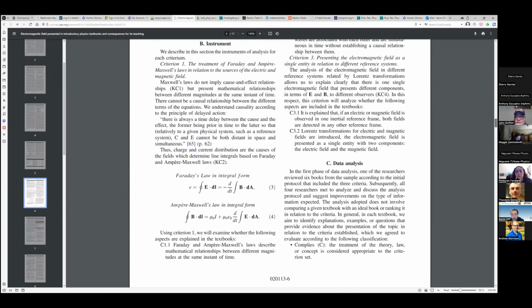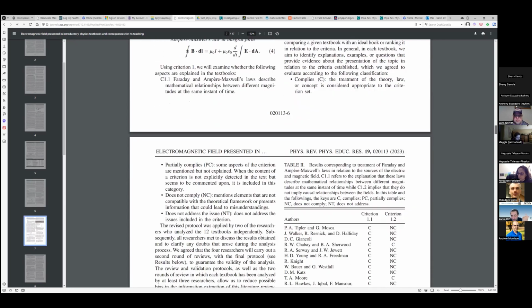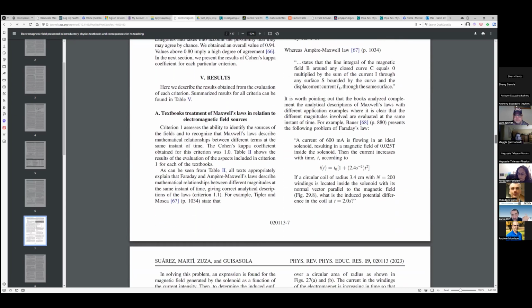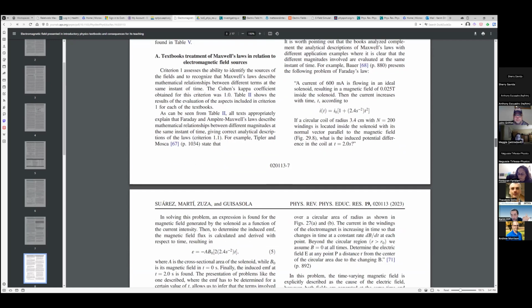One of the things they found is that some of the books are a bit inconsistent in connecting the sources of the field, the electric and the magnetic field, especially to the variations of the field. Generally speaking, they found that Matter and Interactions seems to be the one doing the best job in making the connections.